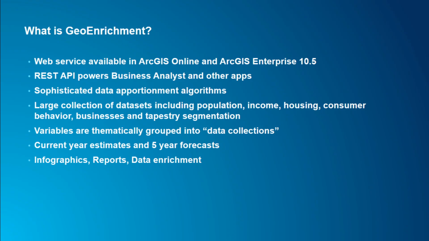So infographics, the ability to click a location on a map and get pop-up information with key facts about that location. Reports, so the ability to generate either a PDF or Excel report with the variables nicely formatted in a human readable way. And then data enrichment, so the ability to append the demographic and socioeconomic data from the GeoEnrichment service to your own data.